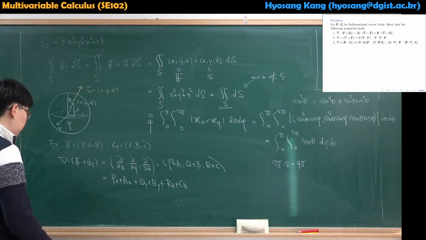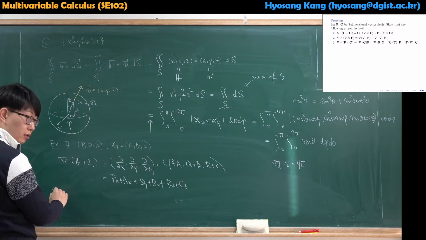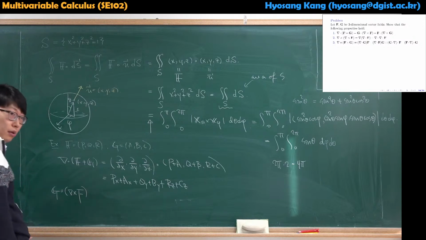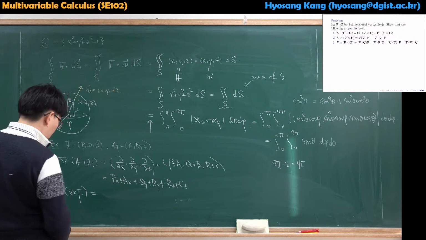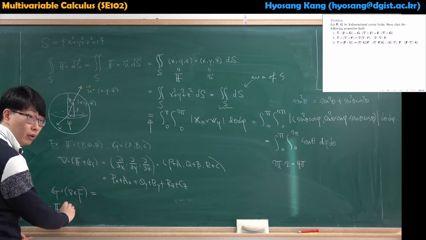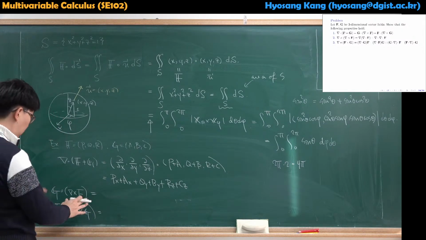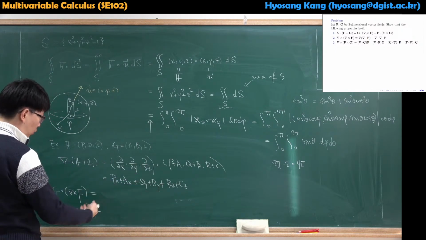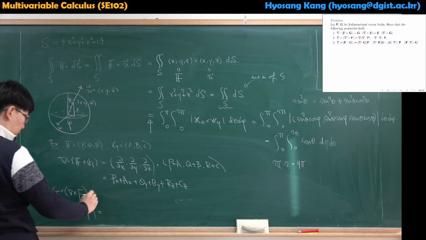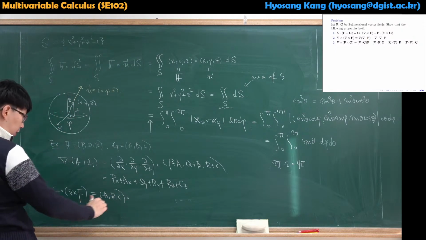On the right-hand side, we first have to compute this, right? And then you have to compute F inner product with the gradient, the curl of G, and so on, and then add them together and check whether the sum is equal to the left-hand side. So first of all, let's compute this: A, B, C inner product with F.